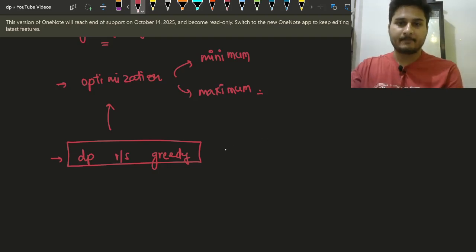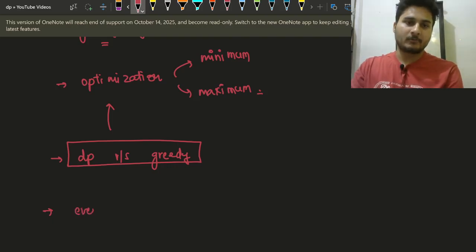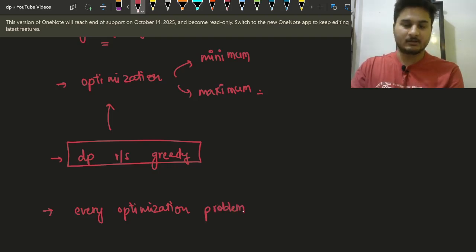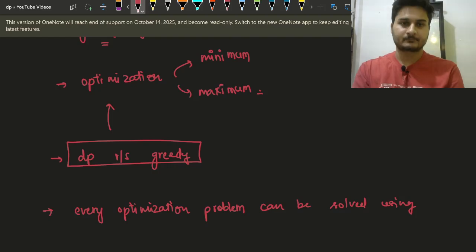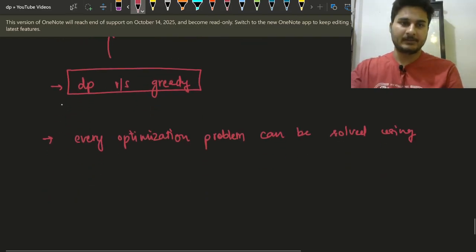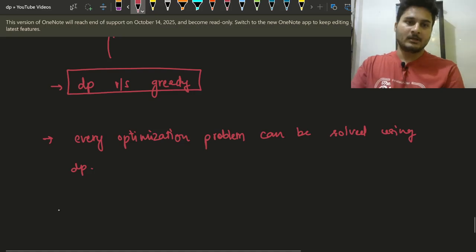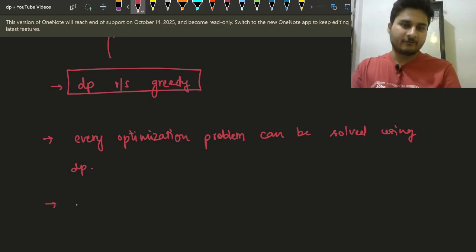So one thing to remember is that every optimization problem can be solved using DP, but the same cannot be said for greedy.